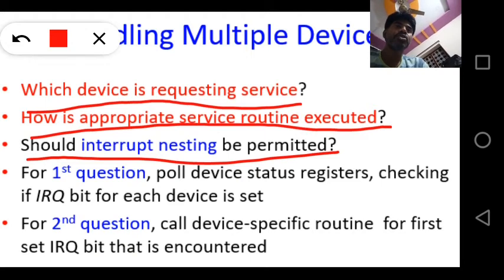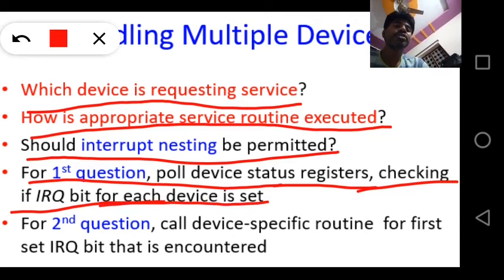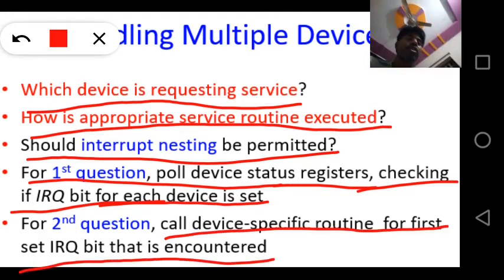For the first question, which device is requesting the service: poll device status registers, checking if the interrupt request IRQ for each device is set. Second, how is the appropriate service routine called: call the device-specific routine for the first set IRQ bit that is encountered.